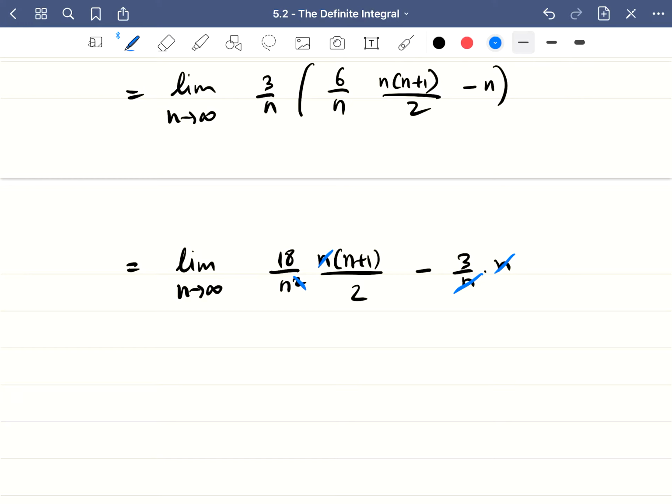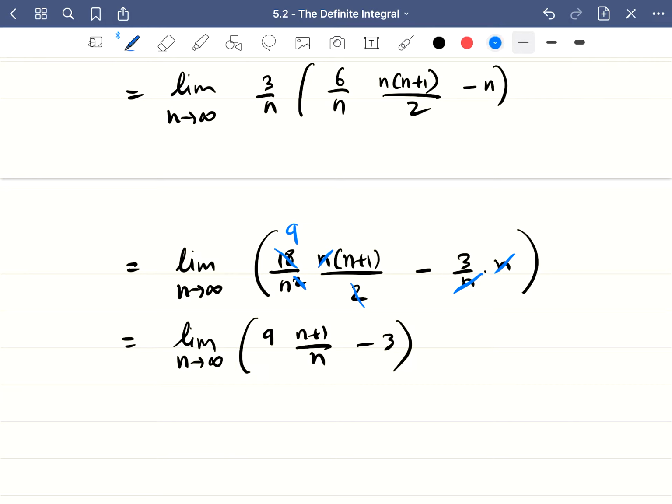So you have the limit, by the way I need the parenthesis here, as n goes to infinity, you have 18 over 2 is 9, so maybe I should also simplify this. So you have 9 times n plus 1 over n minus 3.